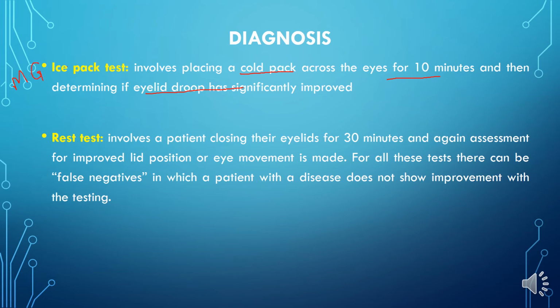So another test is the rest test. We know that myasthenia gravis, as it is a neuromuscular disease, is improved by resting. We know that myasthenia gravis mostly affects the facial muscles. So if we just close our eyelids for some 30 minutes, and then after 30 minutes we see the functioning of the eye, that is rotation, and whether there is any drooping of eyelids or not.